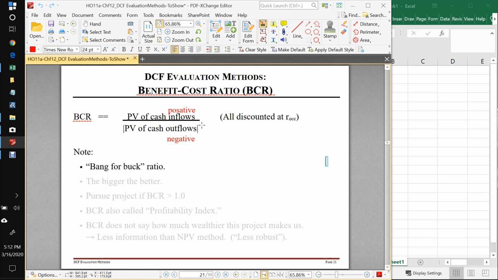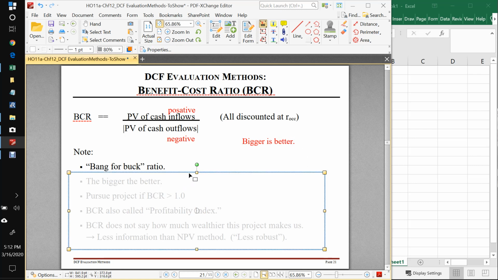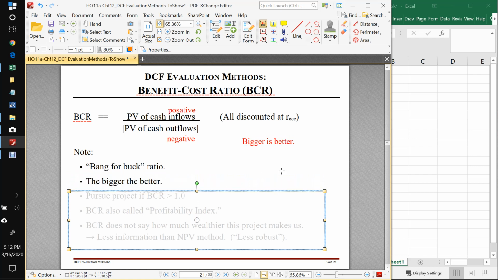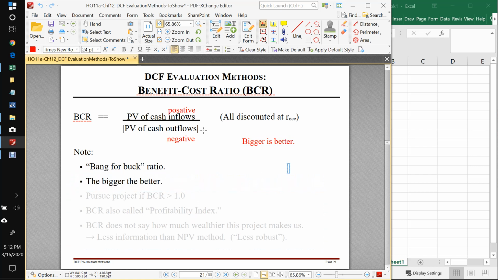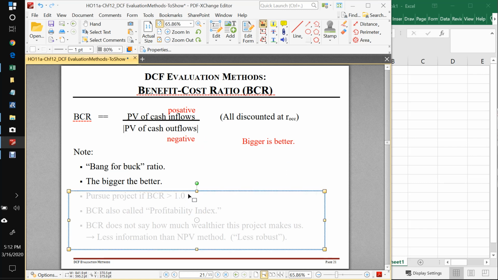So we want this ratio. This is a clear case where bigger is better. And in our ratio analysis chapter terms, there is going to be a knife edge here. So we'll think about that. All right, so bigger is better. And I think the knife edge is easy to see here. If the present value of the cash inflows is equal to the outflows, then we're sort of right on the border, right?